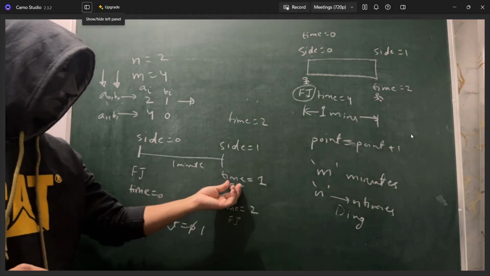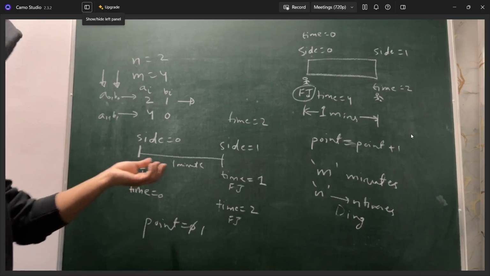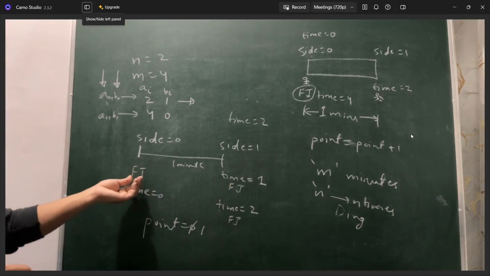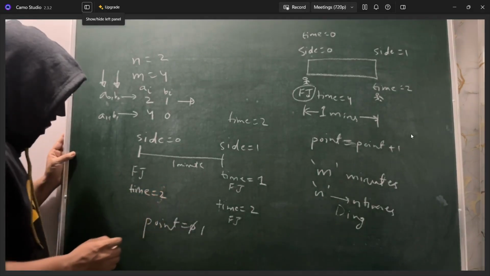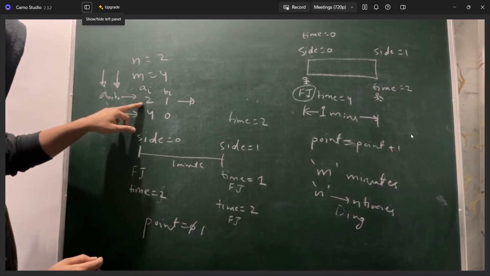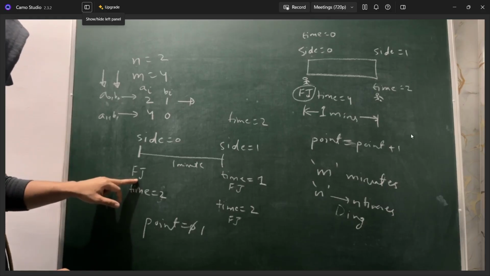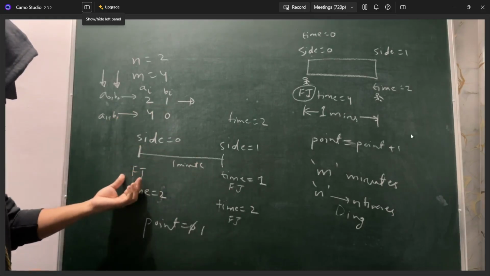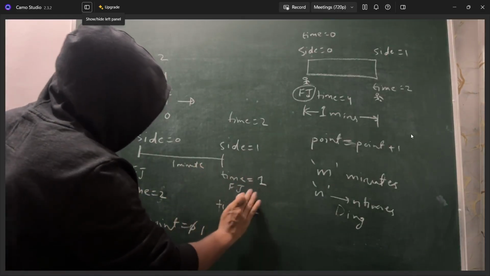Now when time is 1, let's say he wants to move to the other end of the gym because he wants to maximize. When he moves, time will be 2. But your question is that whenever time is 2, farmer John should be at side 1. Since he's at the other side, when time is 1, he will not be moving, he will simply sit at this position.